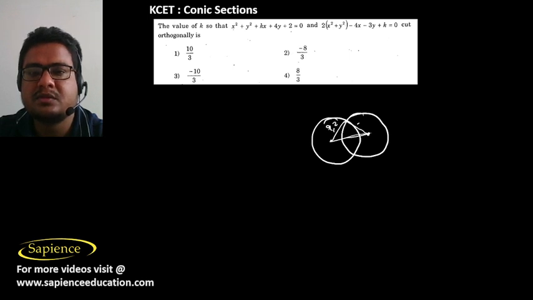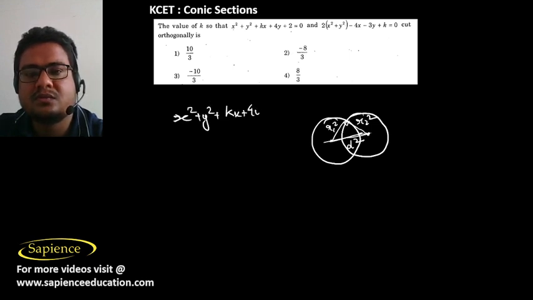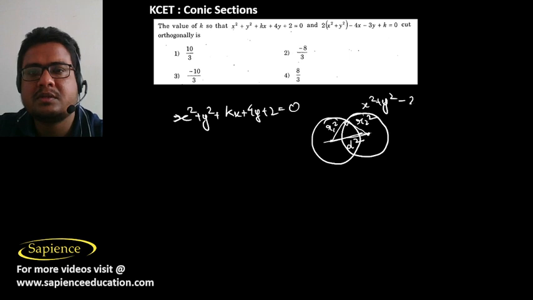It means r1 square plus r2 square, that will be equal to d square. So now for the first circle, the equation is x square plus y square plus kx plus 4y plus 2 equal to 0. And for the second circle, it is x square plus y square minus 2x minus 3 by 2 y plus k by 2, that is equal to 0.